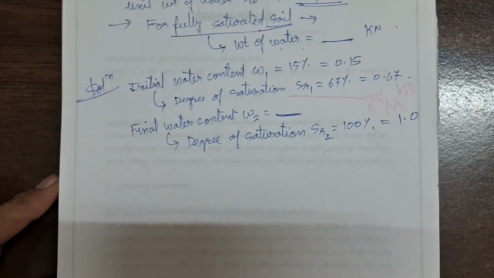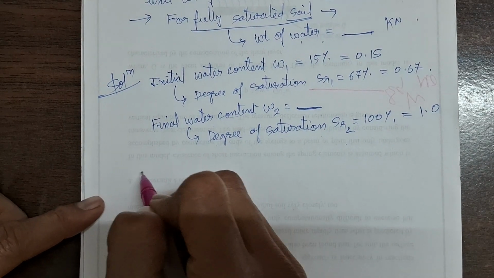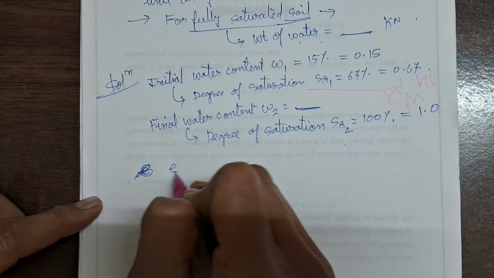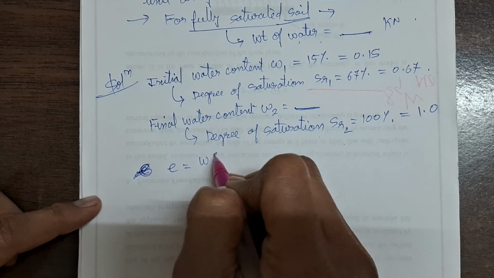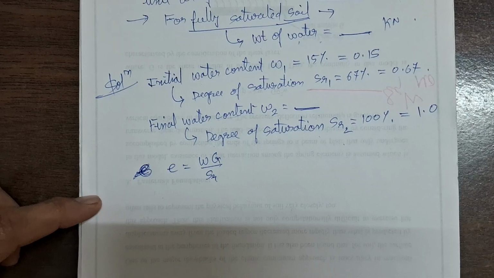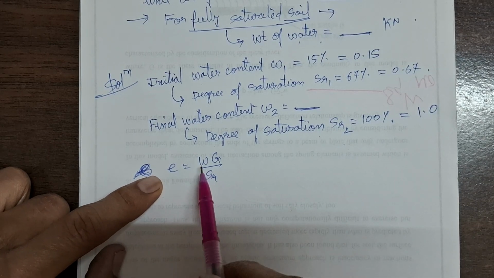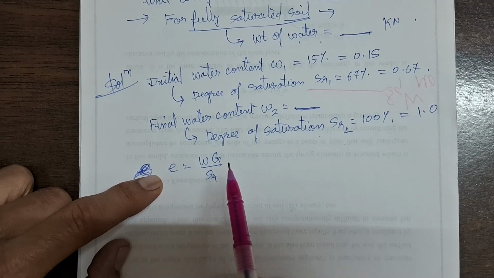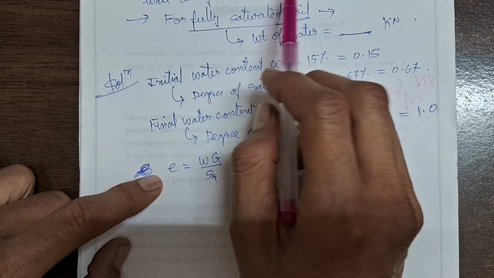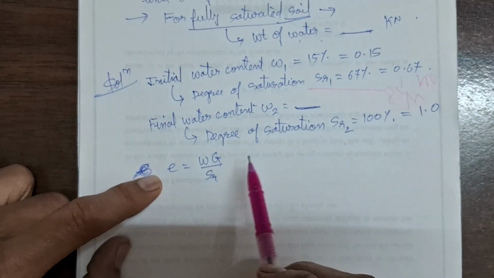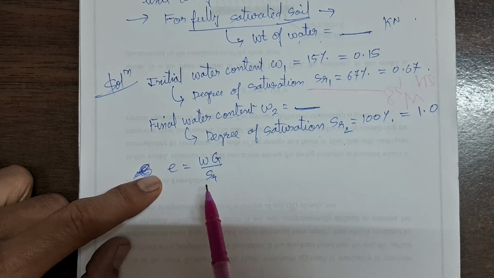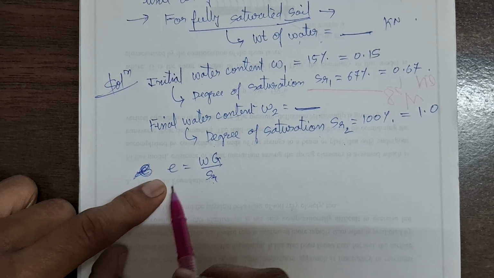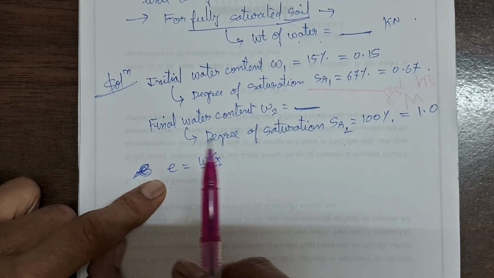Now let us see one formula. Basic formula is e, that is void ratio, is equal to wG upon Sr. So void ratio is equal to moisture content or water content multiplied by specific gravity, it's not the total specific gravity, it's the specific gravity of soil solids, divided by Sr. Now see, your void ratio is not changing.